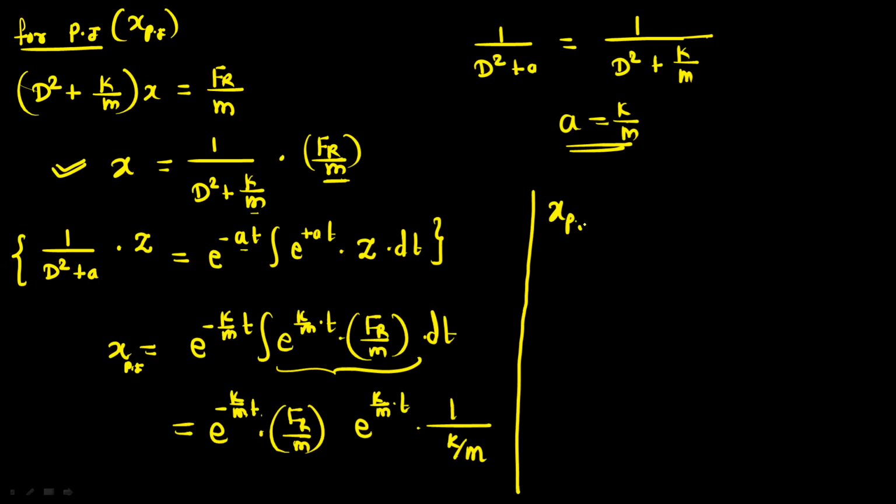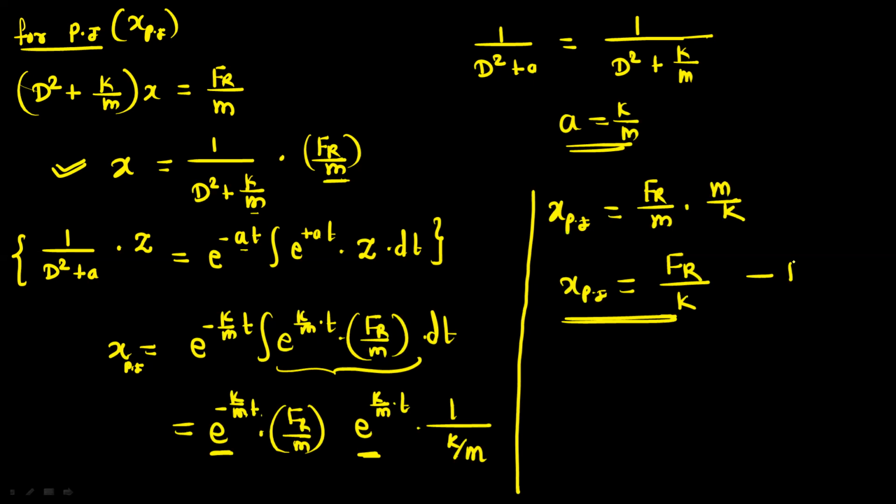So x particular integral, this value, this is equal to: this e raised to minus and e raised to plus, so we can cancel out this exponential term. So the remaining value is Fr upon m into m upon k. Okay. So finally, we will have the equation Fr upon k. This is the x particular integral.